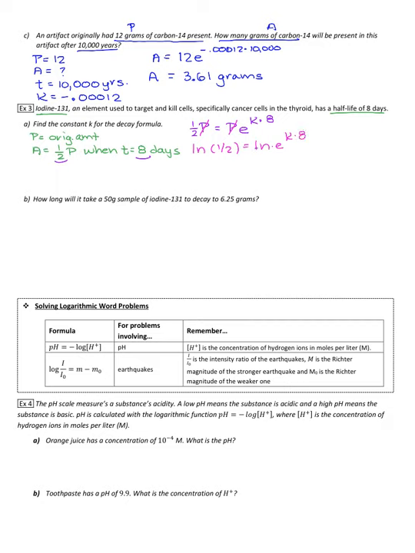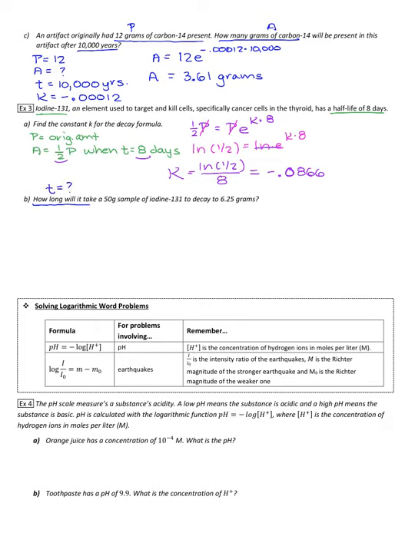So we know that these will cancel. So we have ln of 1/2 divided by 8 is going to equal k. And turning that into a decimal, we get negative 0.0866.